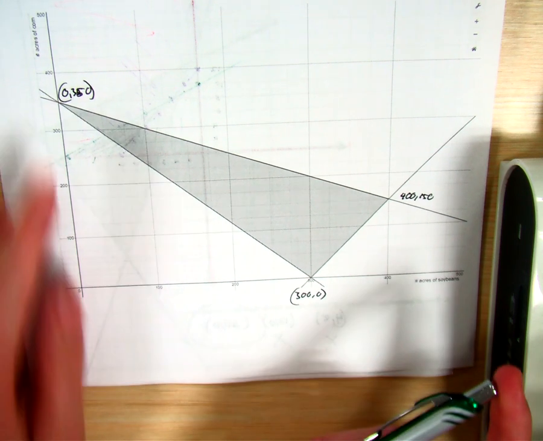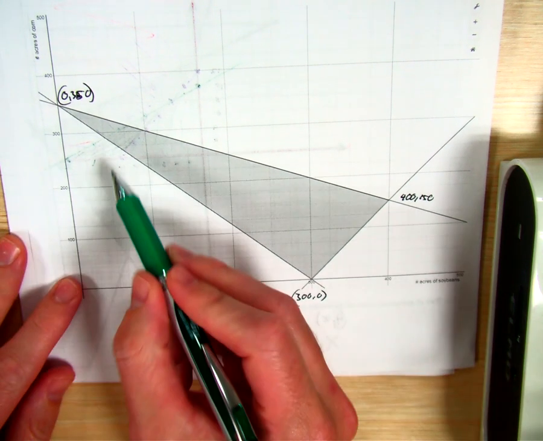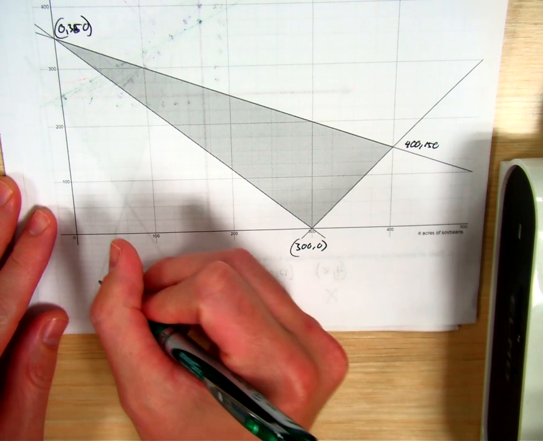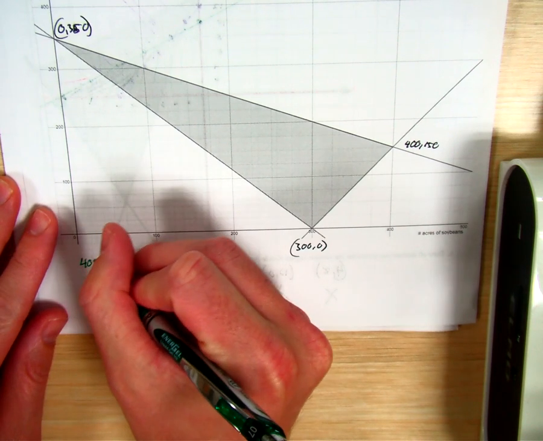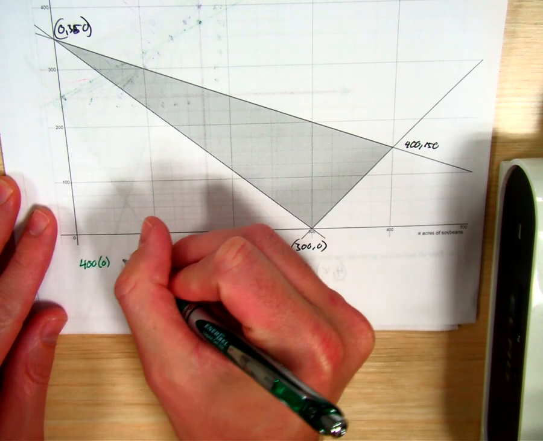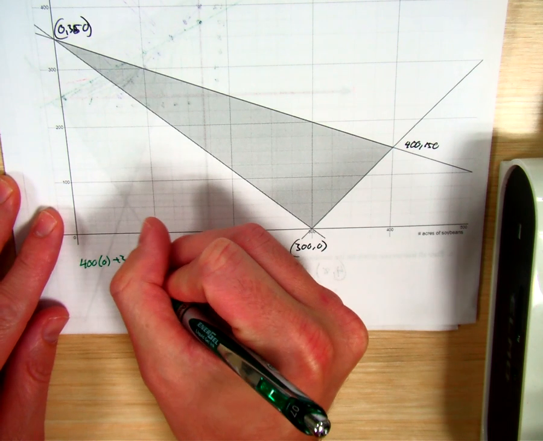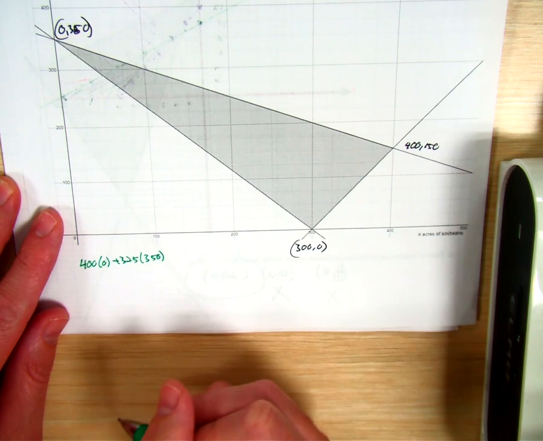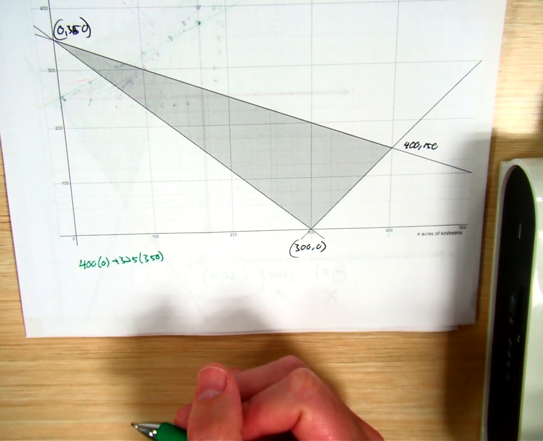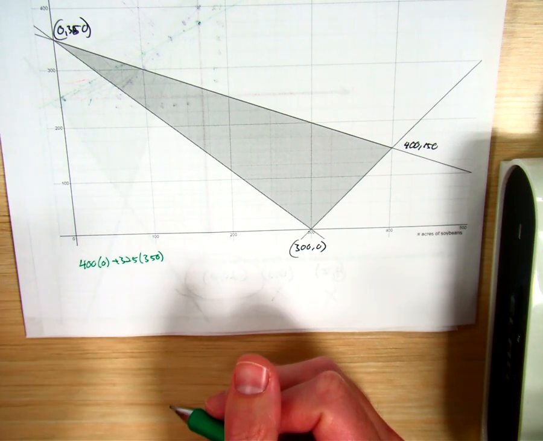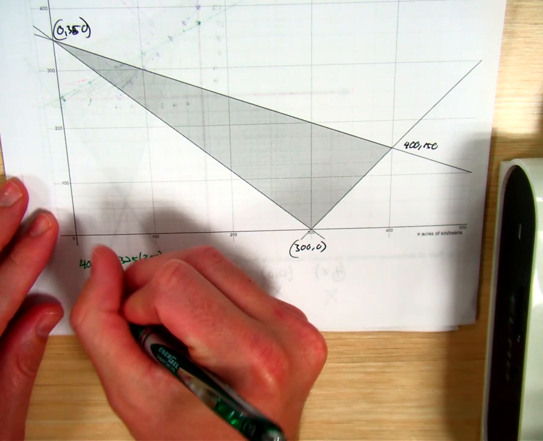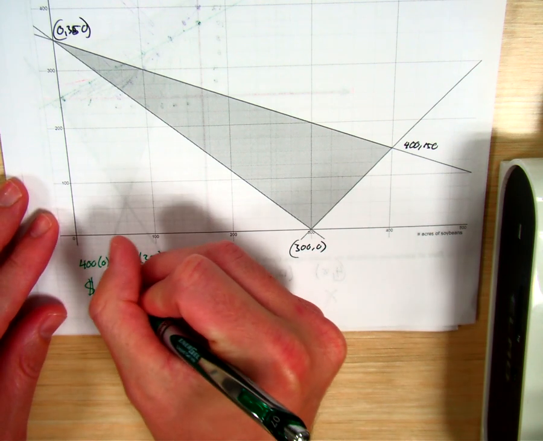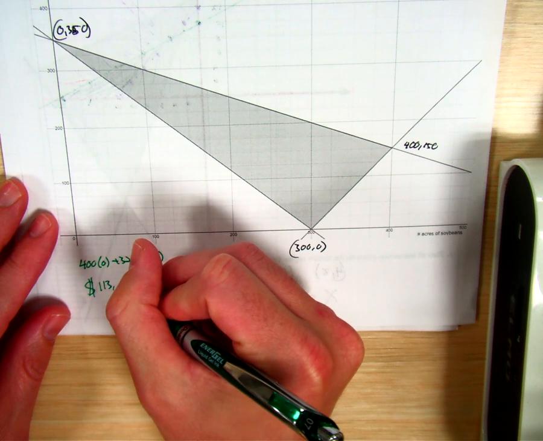Okay, so let's just go from left to right. 0, comma, 350. So that's going to be 400 times 0 plus 325 times 350. And we can type that into the calculator. And we should be getting 113,000.